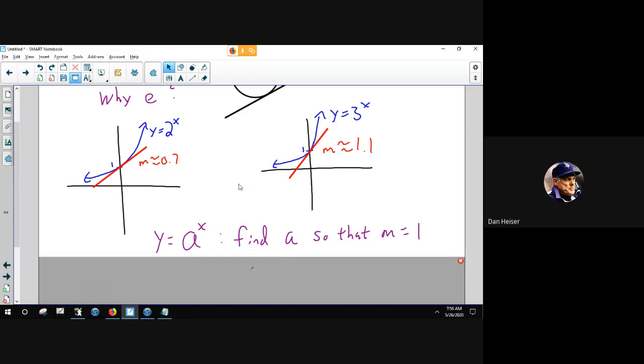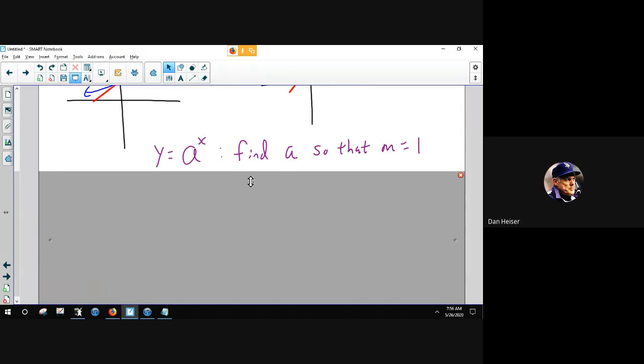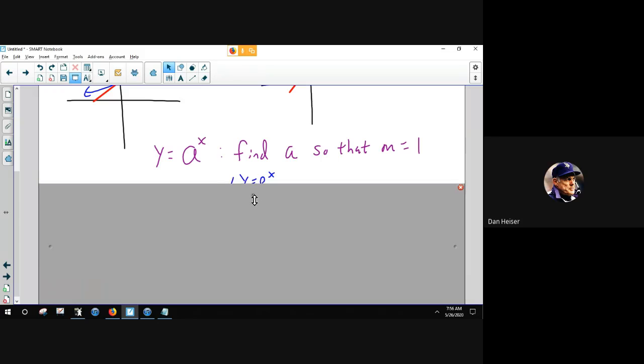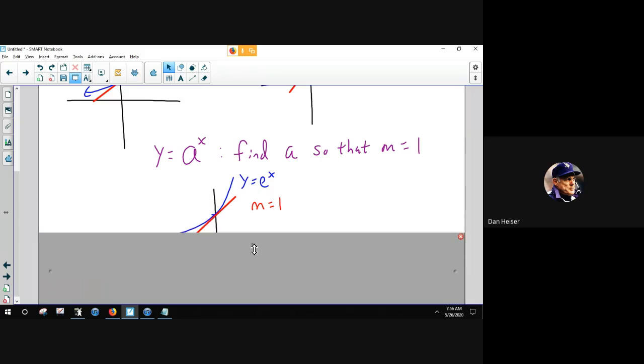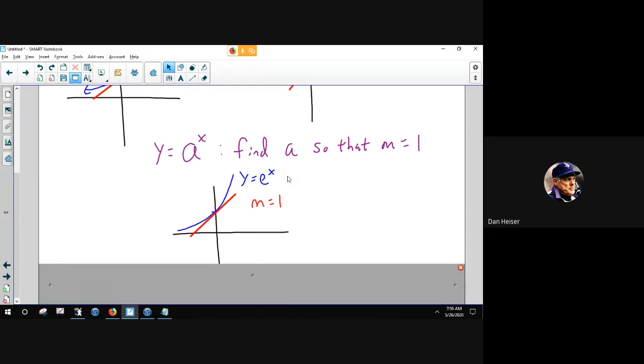So I want to know what value, what constant to the x power, will give me a slope of 1 at that exact point. That's the point that all exponential functions use. So what is that magic value of a? Well, that magic value of a is the value e. That's what e is.